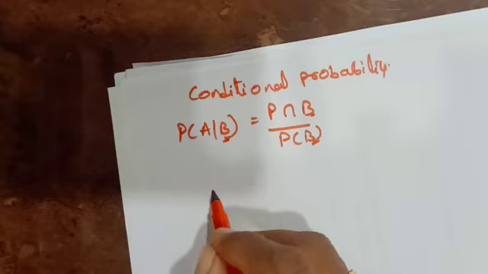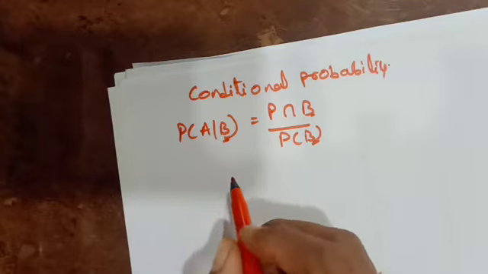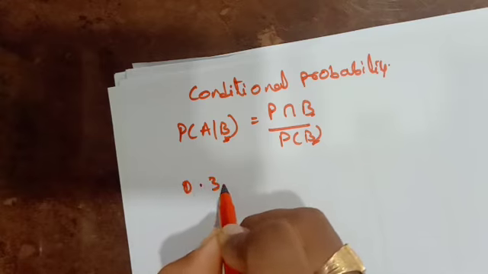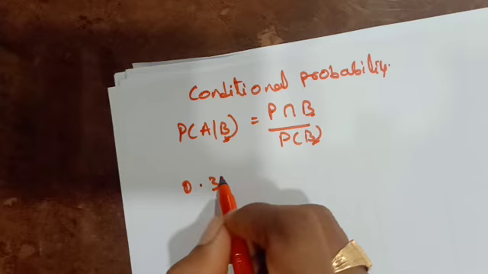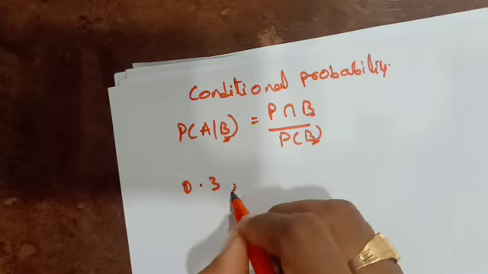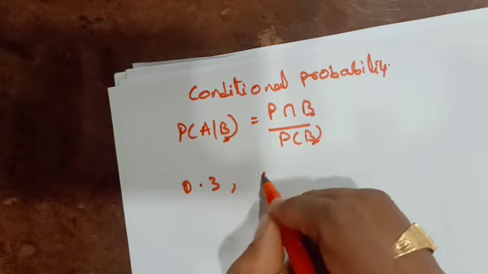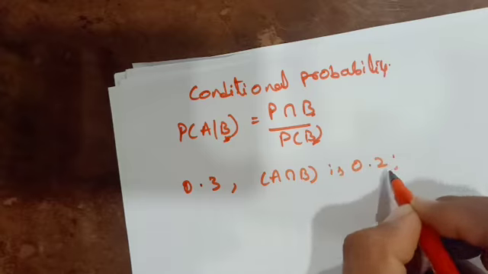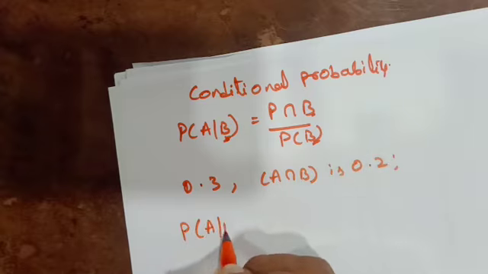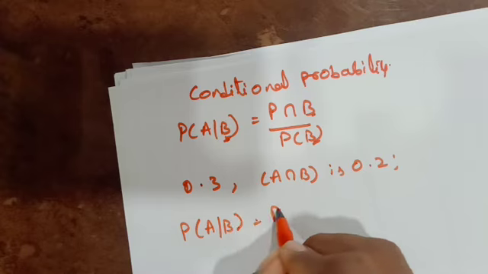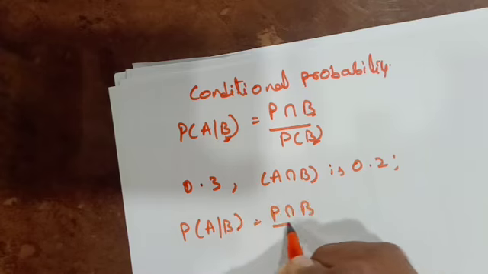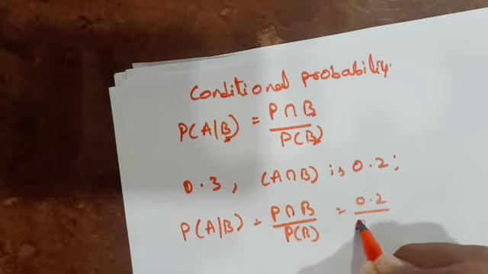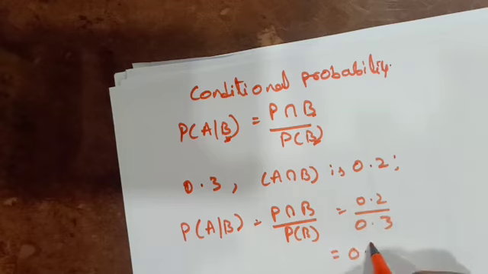If the probability of being a manager, B, is 0.3, and the probability of being a manager and having an MBA, A intersection B, is given as 0.2, we need to calculate P of A given B. So P of A intersection B over P of B, 0.2 by 0.3, that will be 0.6666.